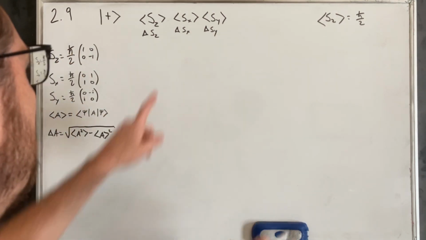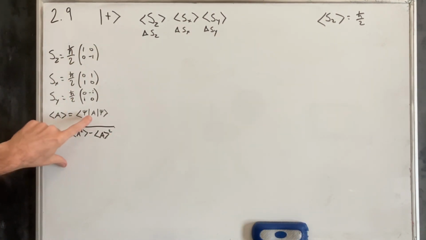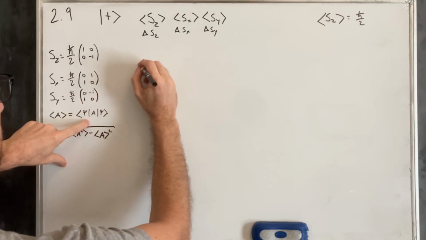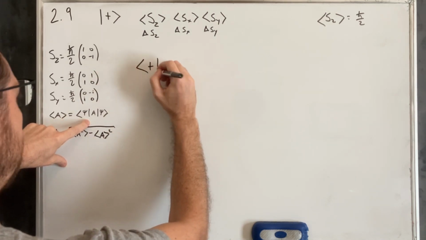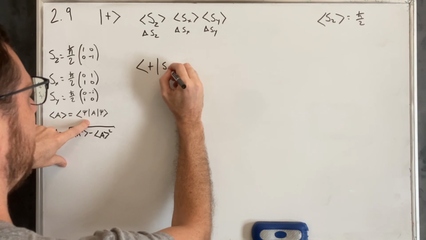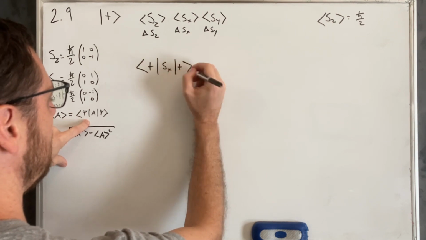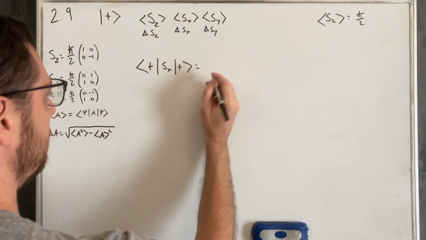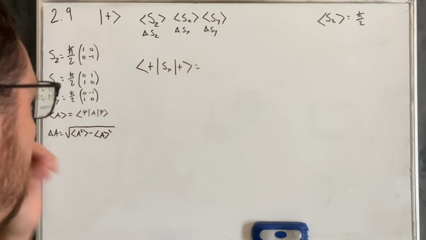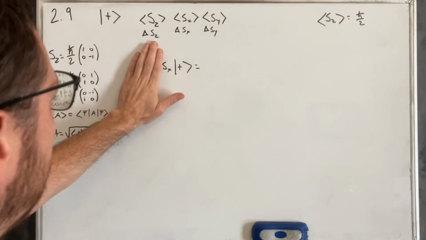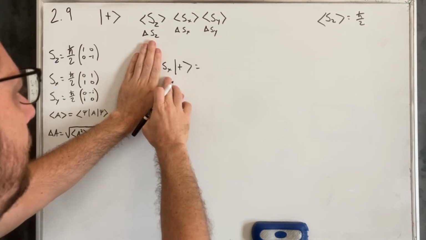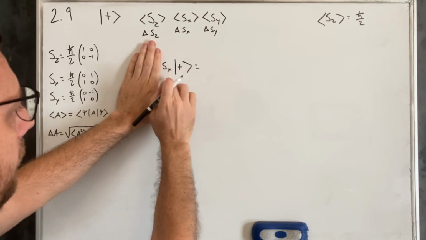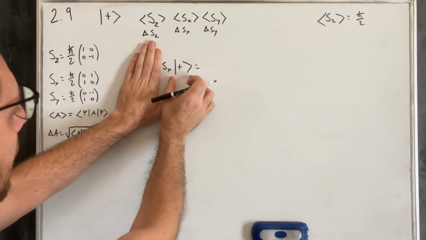Then the next one, our SX operator. Again, we sandwich it with our up state: up, SX, up. This time we'll use matrix notation, because I don't know off the top of my head what we get if we apply the spin operator for X to our Z up.